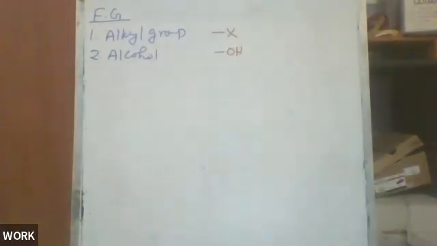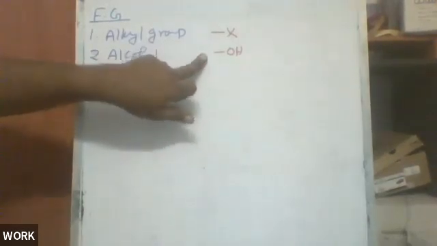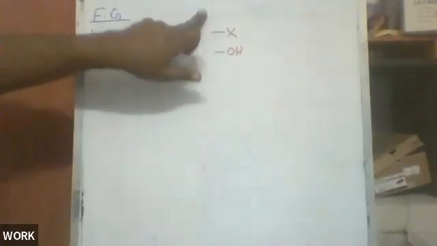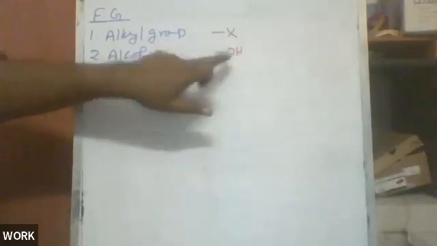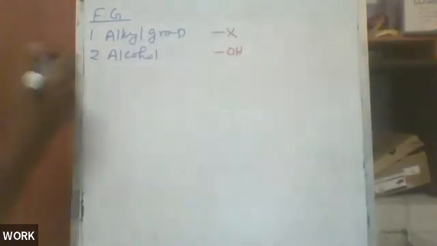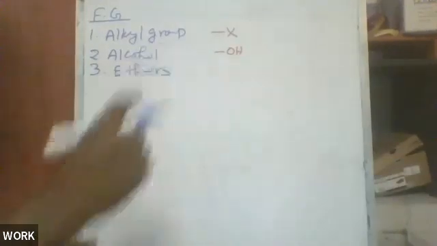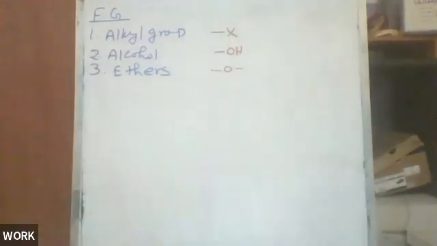That hyphen may be alicyclic, benzenoid, non-benzenoid, heterocyclic, or open chain, but this is the functional group. Alcohol, and then ether. Ethers means the oxygen which is attached with two carbon chains.